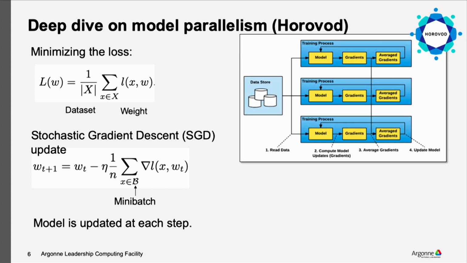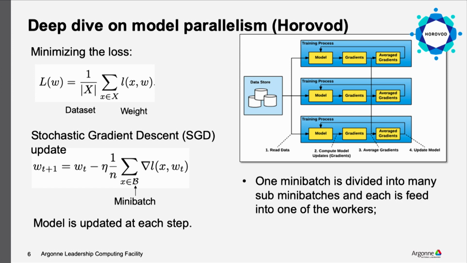Then in the data parallelization scheme, basically the computing part, where we calculate the gradient, is distributed. We have a batch of data. Now we divide this batch of data into several small batches and feed them into different workers. Each worker will calculate the loss and gradient associated with its sub-mini batch.